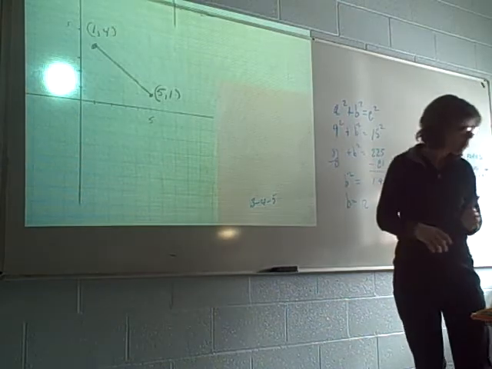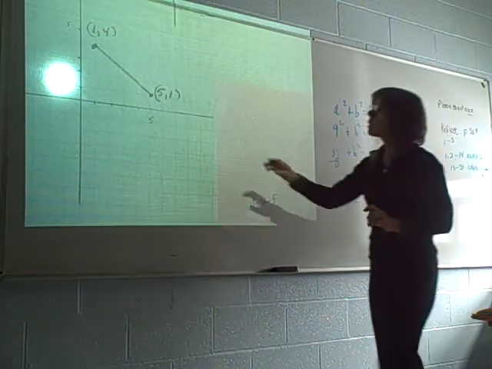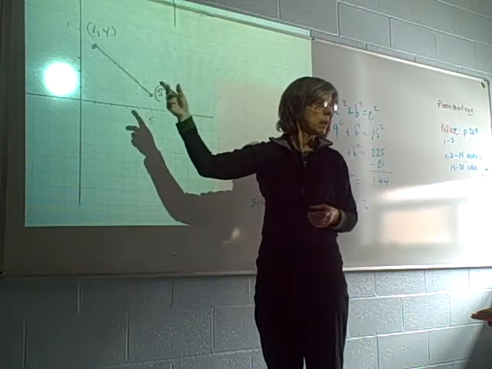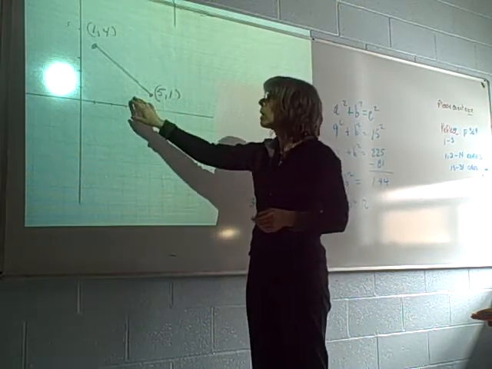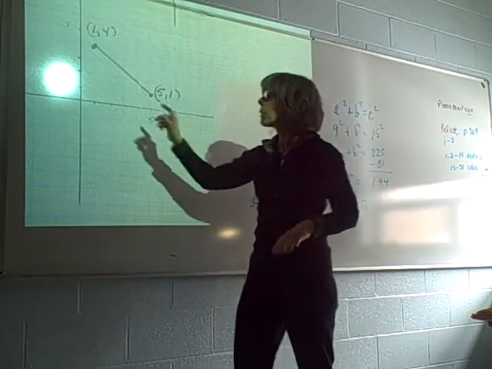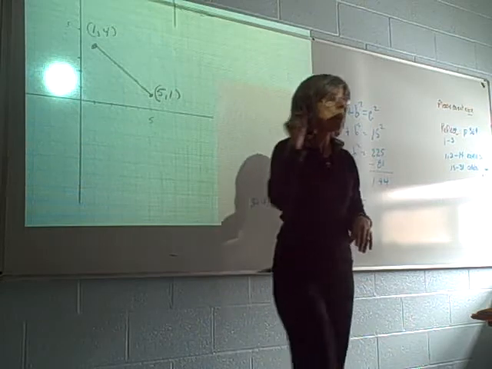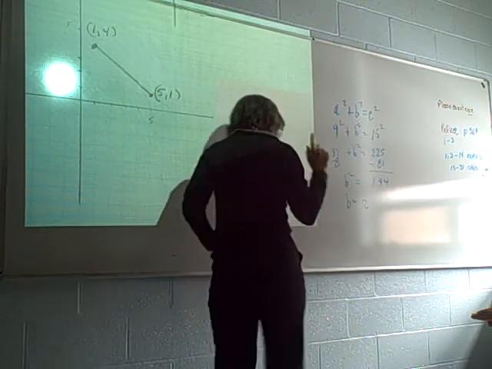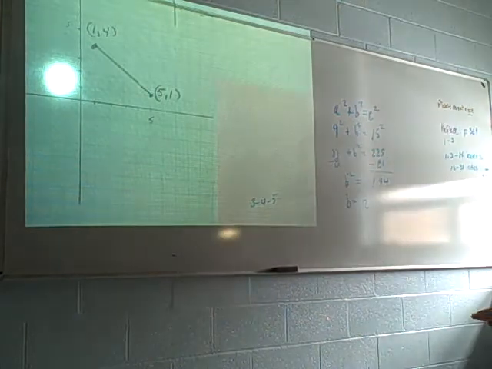Okay, so let's see if that works. If I subtract this x, 5 minus 1 is what? 4. And then my 4 minus my 1 is 3. Is that going to give me the dimensions of these? Yeah. Okay, so we're now going to come up with a formula.